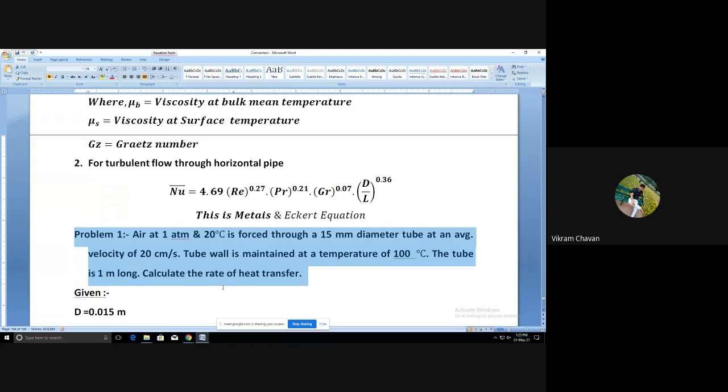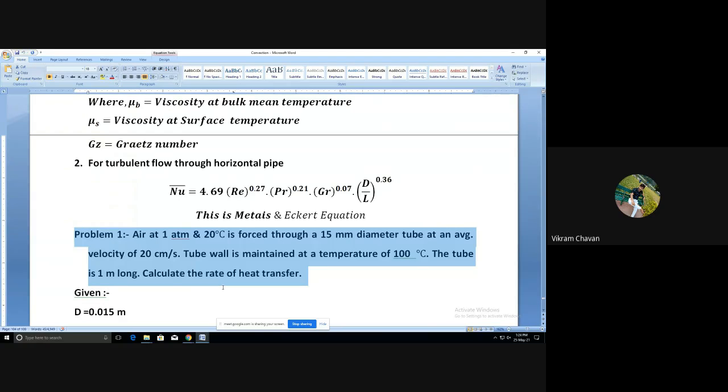Problem number one. Air at 1 atm, that is 1 atmospheric pressure, and 20 degrees Celsius is forced through a 15 mm diameter tube at an average velocity of 20 centimeter per second.